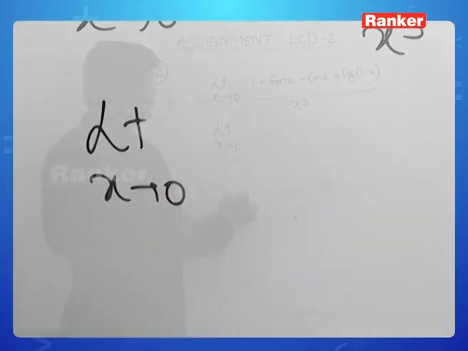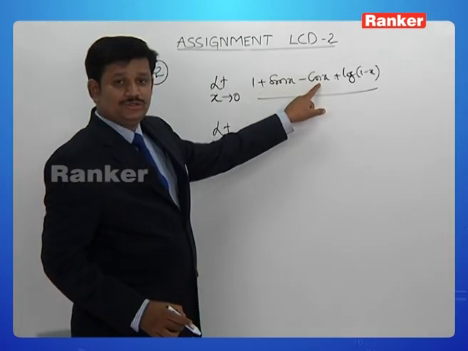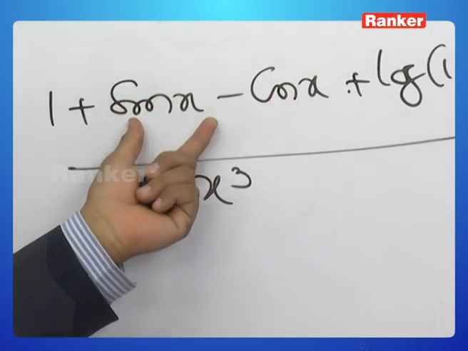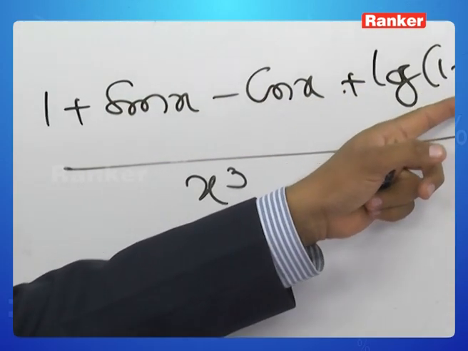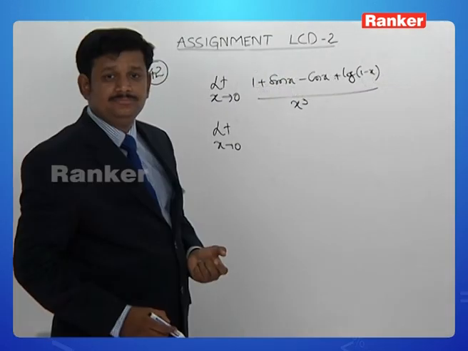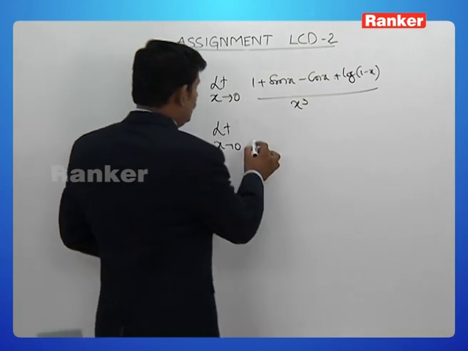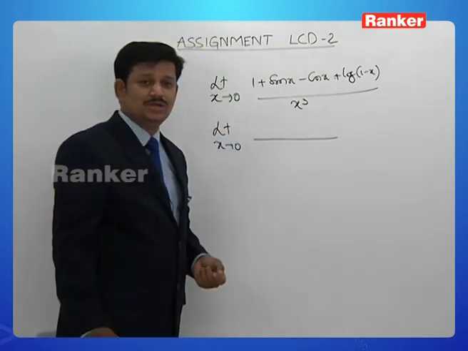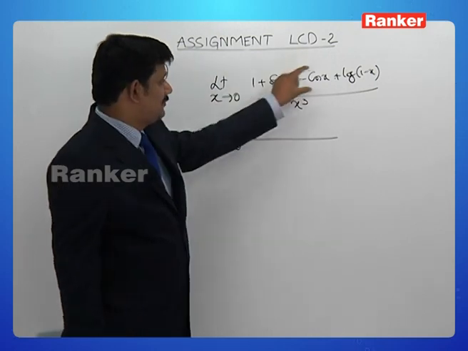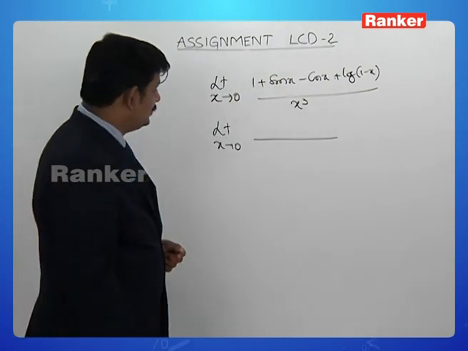As x tends to 0, cos x tends to 1, 1 minus cos x is 0, sin x is 0, log 1 is 0, x cube is 0. So, this is 0 by 0 form, and in 0 by 0 form, limit x tending to a of f of x by g of x, we know it is equal to limit x tending to a of f dash x by g dash x, derivative of numerator by derivative of denominator.